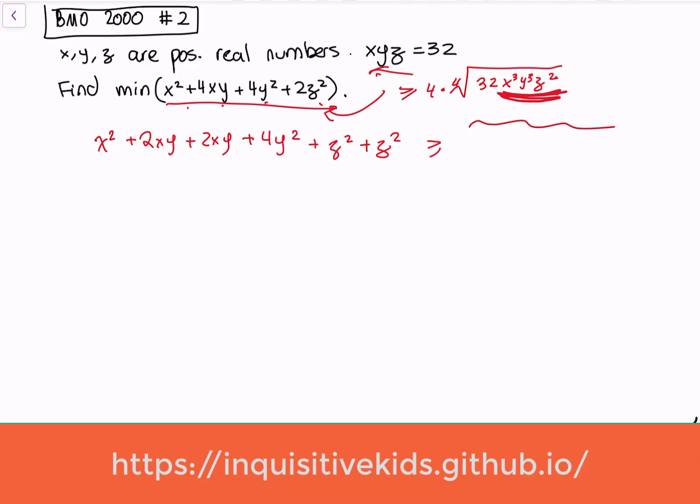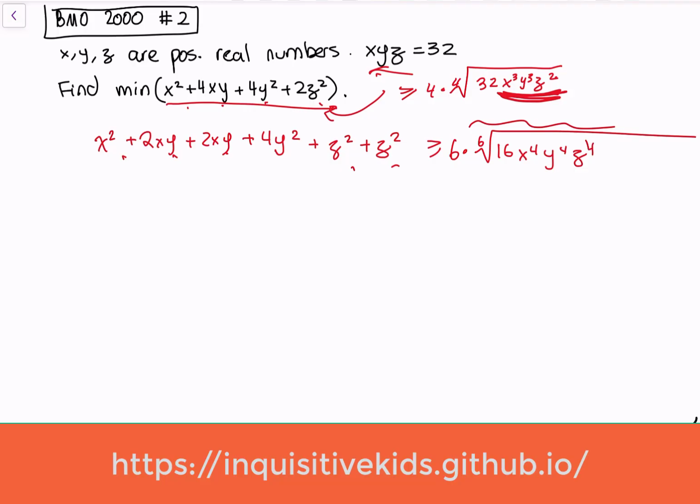But now, after we've split apart some terms, when we try to solve for the right-hand side, here is what we get. We have 1, 2, 3, 4, 5, 6 terms, so we multiply 6 on the outside, times the 6th root of the constants multiplied to be 16, times x to the 4th, y to the 4th, and z to the 4th.